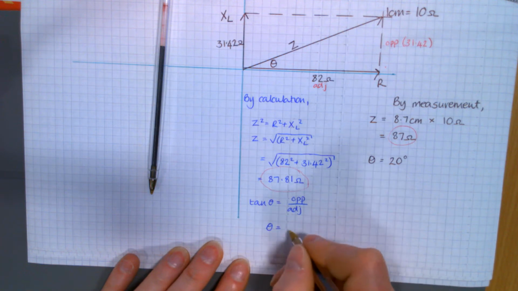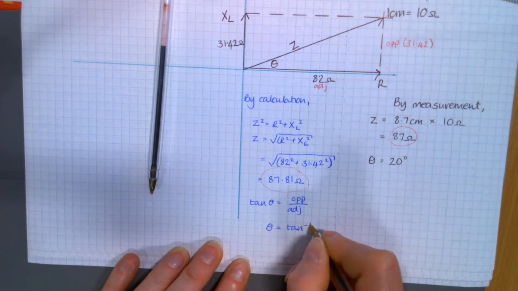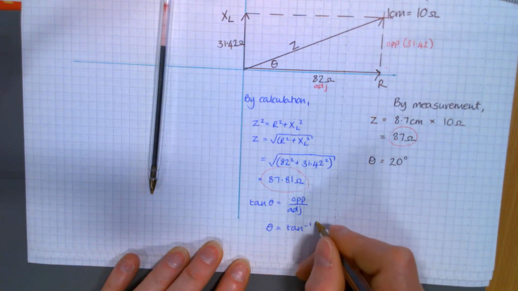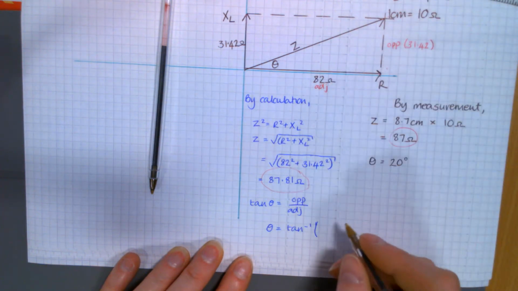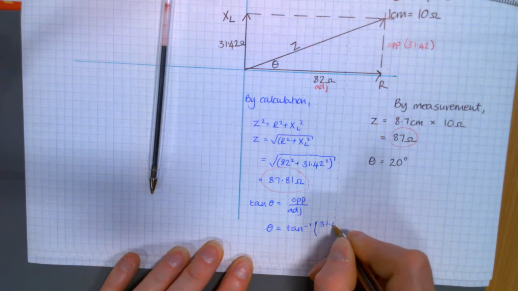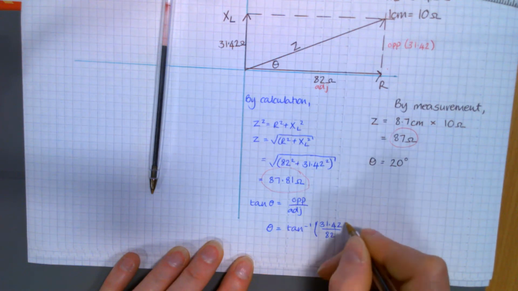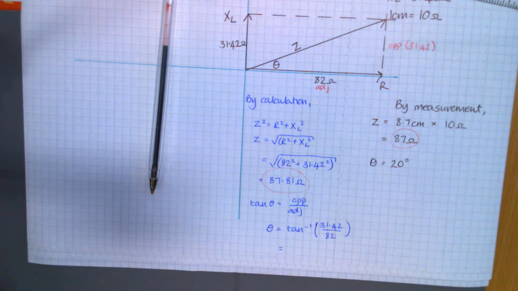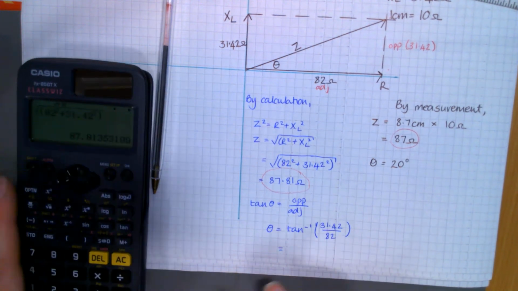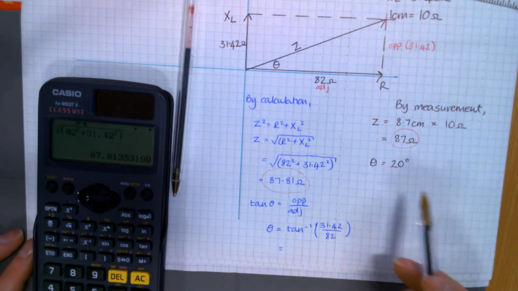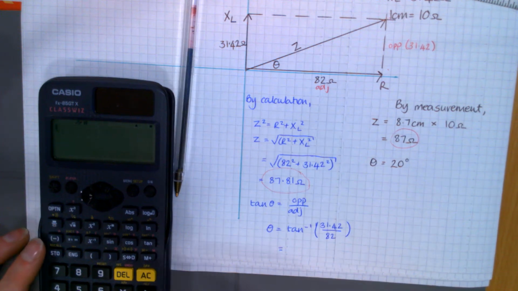So the angle is going to be the inverse tan, or tan to the -1, of the opposite, which is the 31.42 for the XL, over the adjacent, which is the R, the 82. And I'm expecting my answer to be about 20 because that's what I've measured over there.